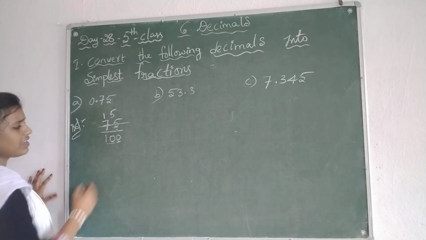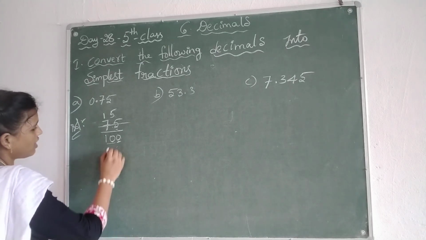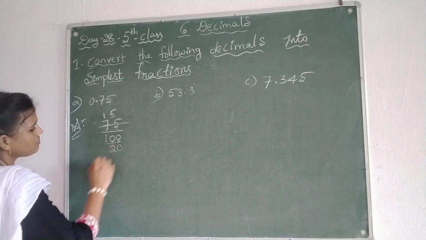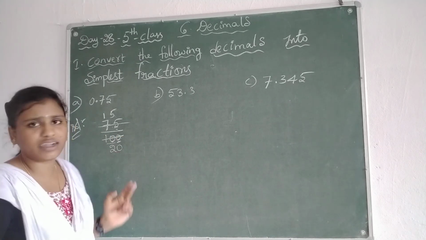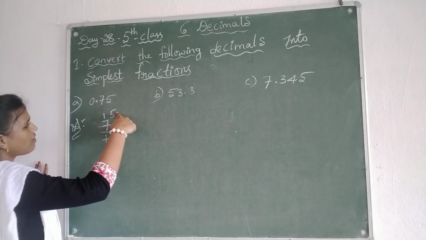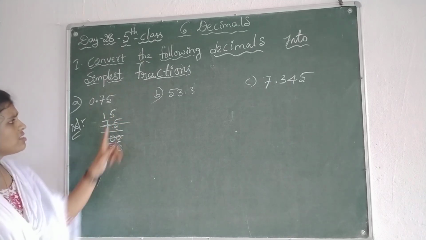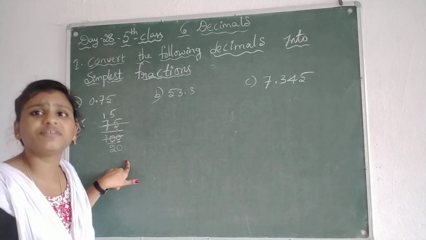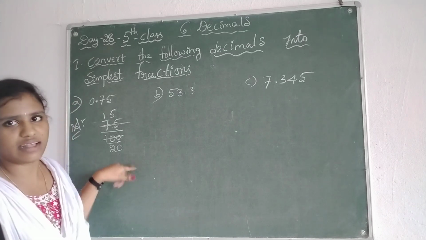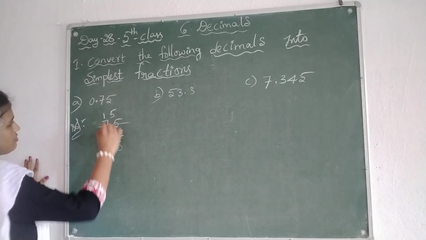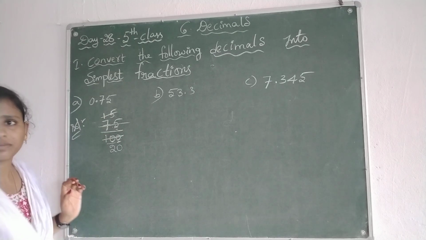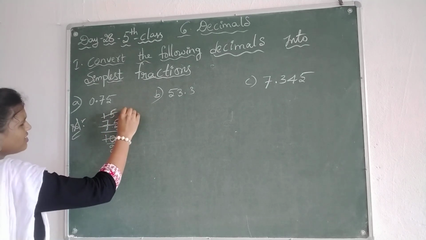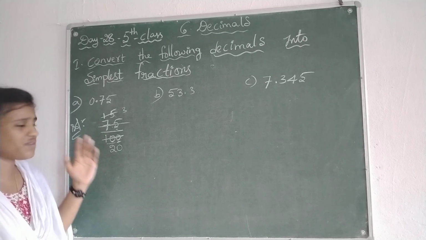Let's see here, 10 is cancelled in the 5 table 2 times, and then 0 0, so 100 is cancelled in 5, 20 times. Again we have 15 and 20. These two are also cancelled in which table? Yes, the 5 table. 5 is cancelled here 3 times, 3 5s are 15.